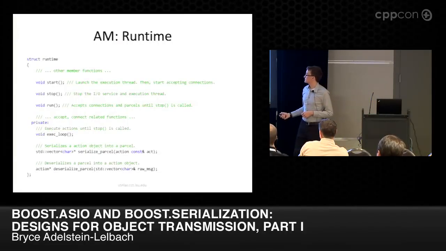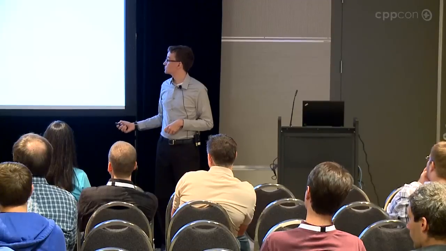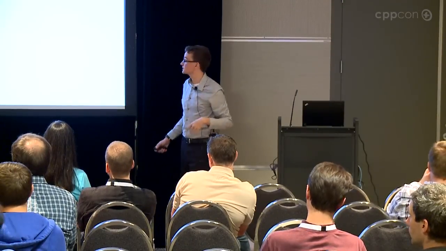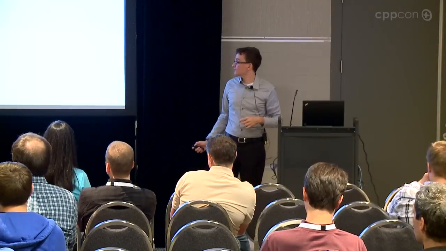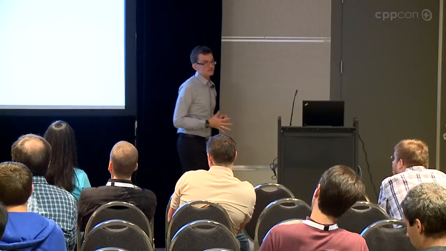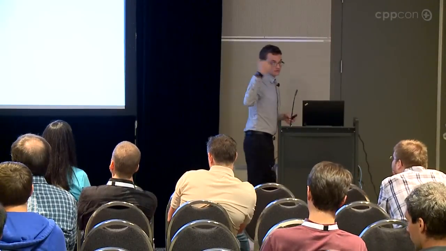And then this is the main execution loop that the std thread, the execution thread, is going to run. We've got this serialize parcel and this deserialize parcel. These are the two functions that get applied to the things in that queue. The deserialize one is going to be done once we've gotten the message and it's put into that queue, and the serialize one is going to be done in the execution thread before we send it off to the write.